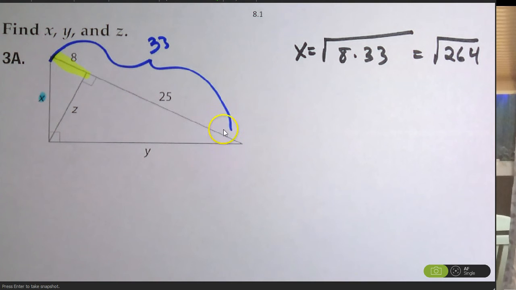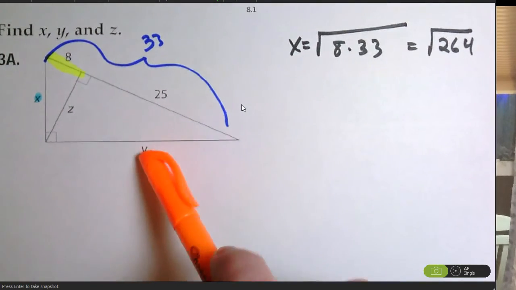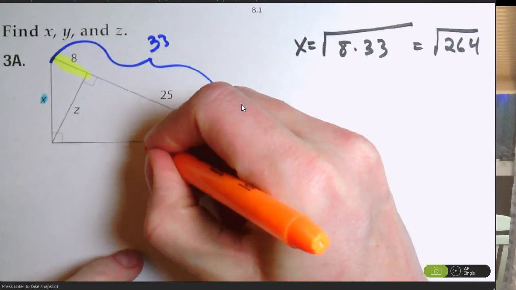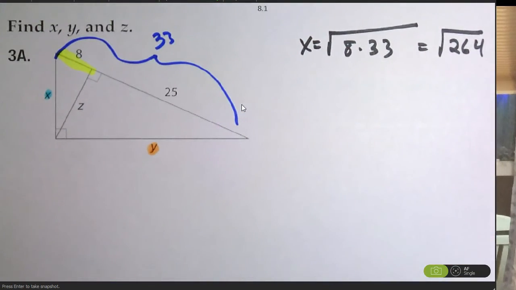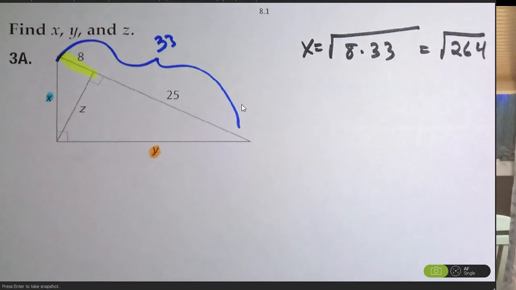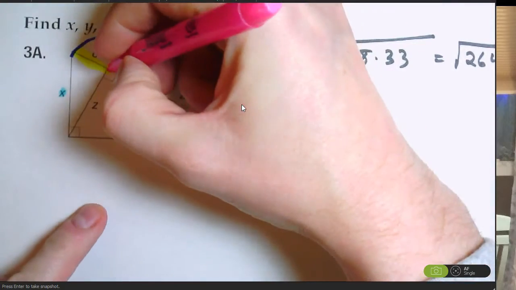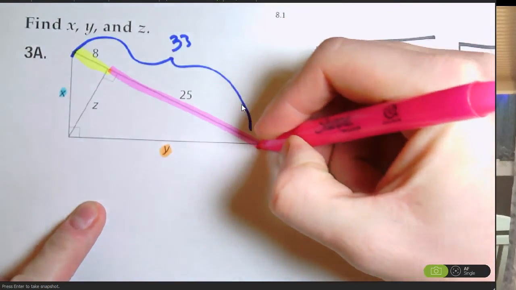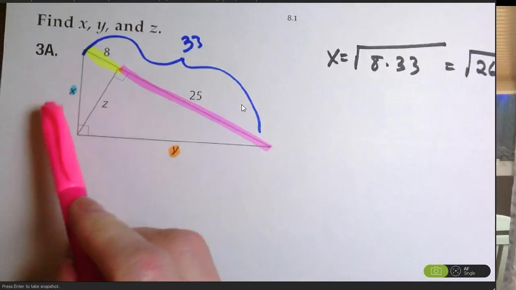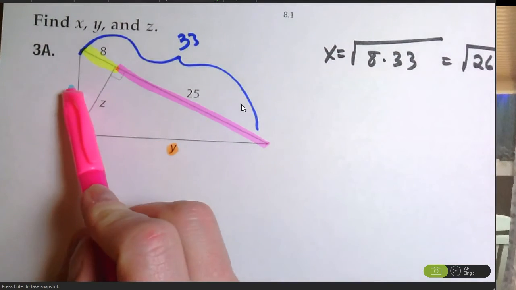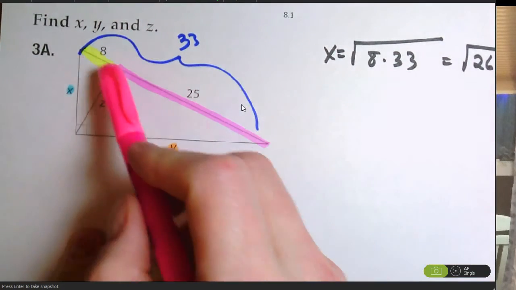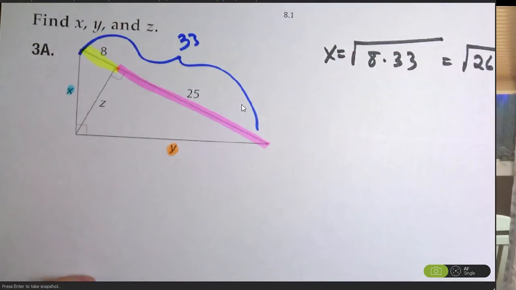Now to solve for y. Y is really in the same situation that x was. Y is a big leg of the triangle. So if I'm going to solve for a big leg of the triangle, I have to use the exact same theorem I did for x. X was the geometric mean of the whole hypotenuse and the little segment next to it.